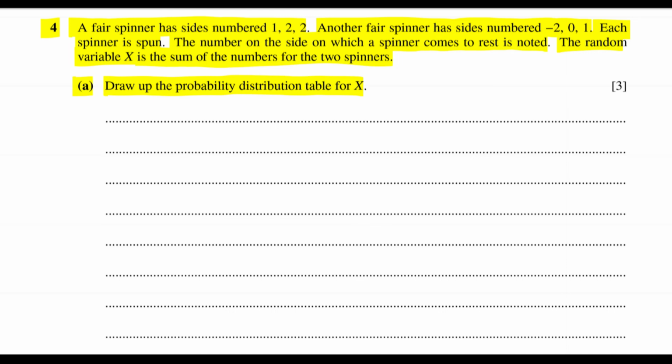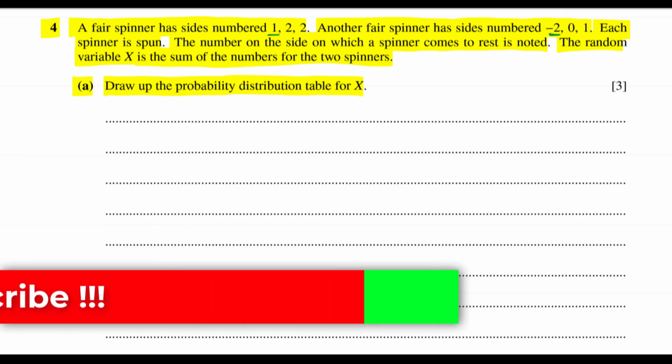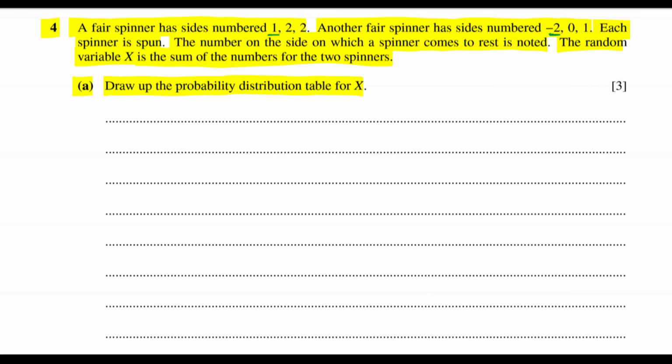If on the second spinner we get -2 and we get 1 on the first spinner and add, it is -1, and any other possibility will always be more than -1. So that's the minimum. For the maximum, if we get 1 from the second spinner and 2 from the first spinner, adding them we get 3. So x can take the values from -1 to 3.